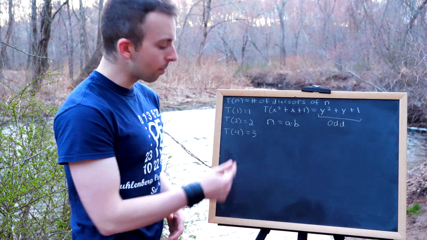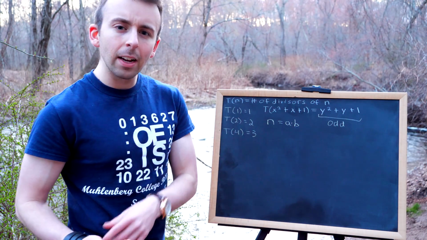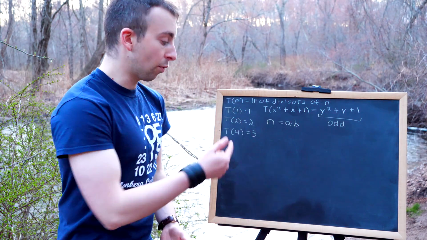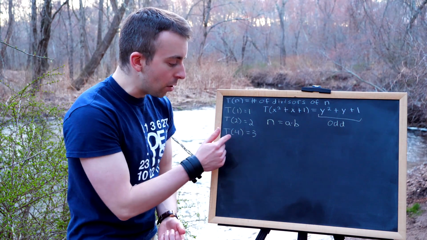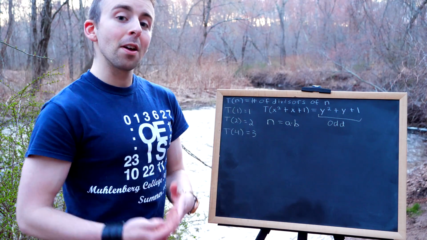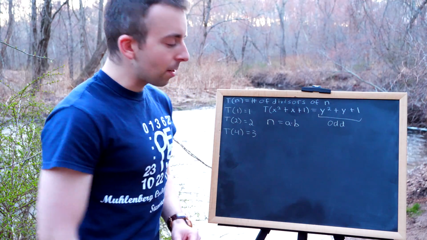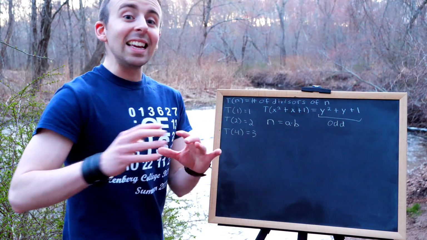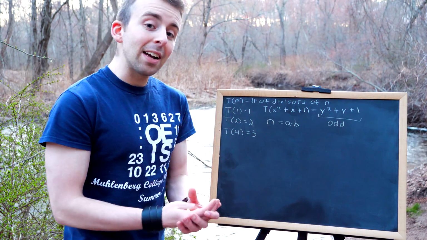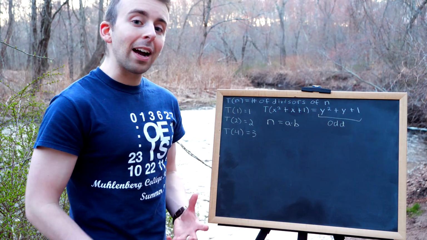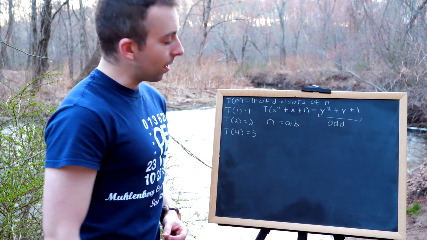Those come in a pair. But 4 is a perfect square. So then we just get one additional factor of 2, which of course gives us an odd value for this t of 4. But if we forget about squares for a moment, for any input that isn't a square, its divisors do come in distinct pairs, and so its number of divisors will be even.